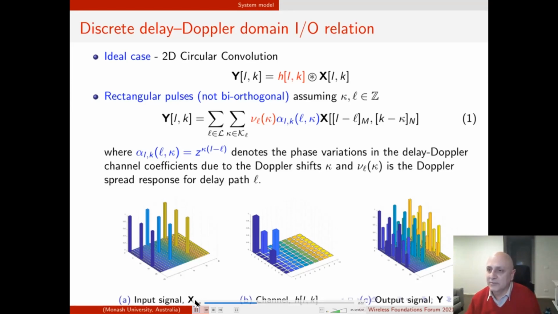Here we assume we have a number of delay paths, and then for each delay path we may have a number of Doppler paths. So this is the corresponding convolution. The h_{l,kappa} is the representation of the channel coefficient for the Doppler shift kappa and delay l.